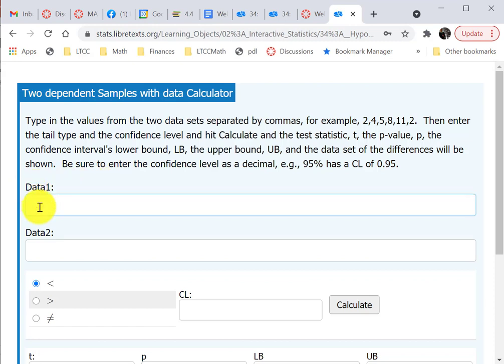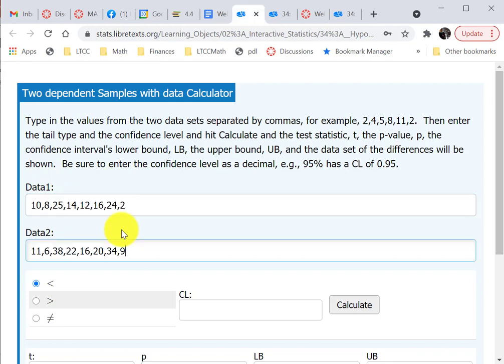And it asks to put the data 1 and data 2 separated by commas. So I'm going to do that. And I didn't want to waste your time, so I just put in the data right now. And here were the data for data 1, and here's the data for data 2. Those are the 2 rows of that table. So for this example, we have a less than, because we want to show that Heavenly, or we're thinking that Heavenly has less snow on average than Kirkwood for the average storm.